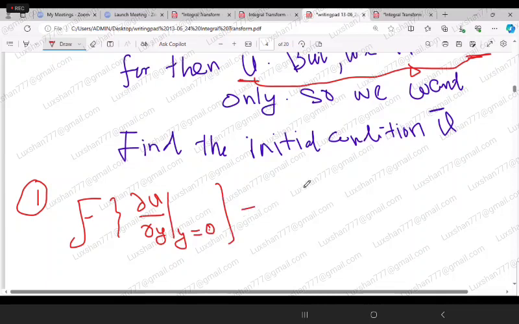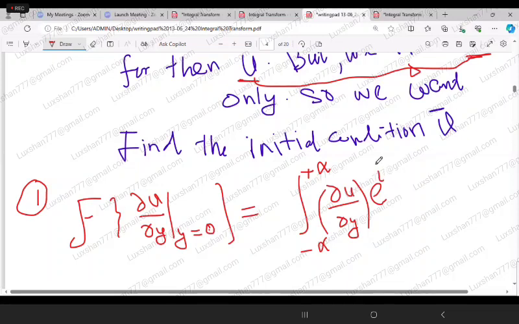According to the definition, this is equal to the integral from minus infinity to plus infinity of ∂u bar over ∂y into e to the power i omega x dx, when y equals 0.